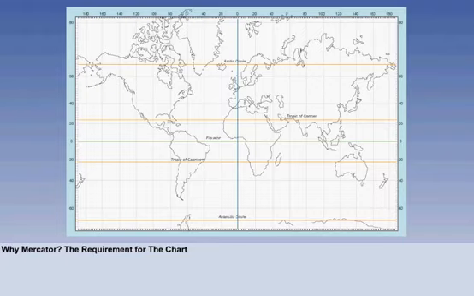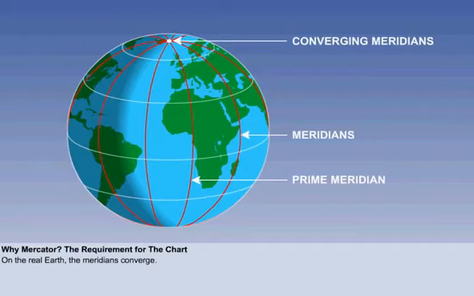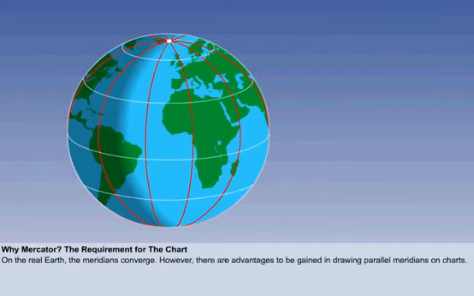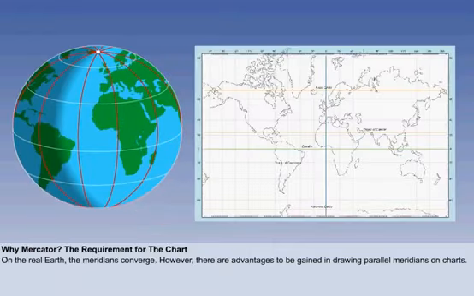On a spherical Earth, such as a globe, or the real Earth, the meridians converge. However, when transferring this three-dimensional situation to a two-dimensional representation, a flat sheet of paper, there are advantages to be gained in drawing them parallel.